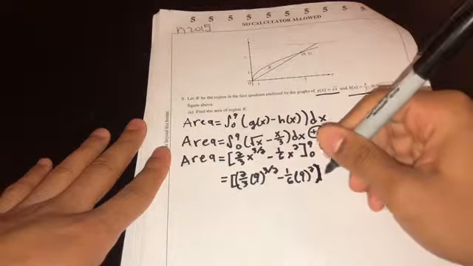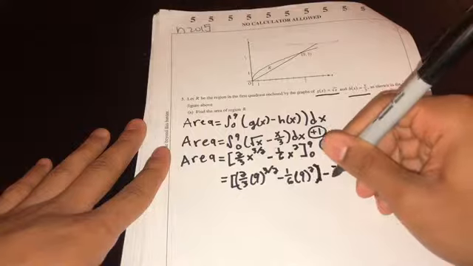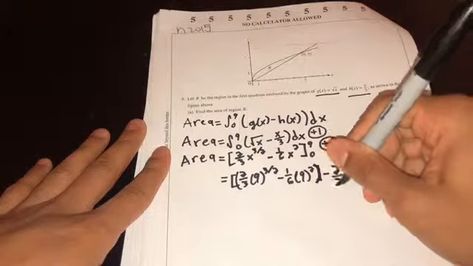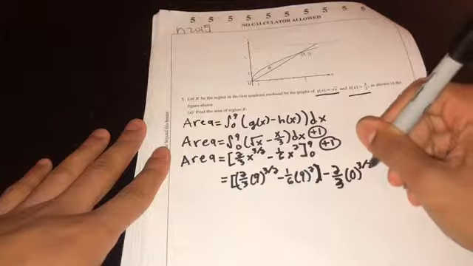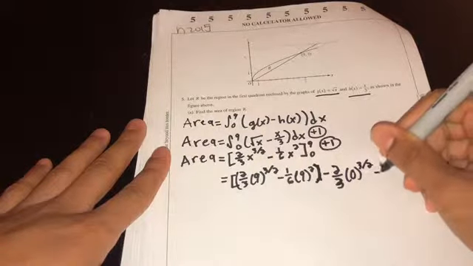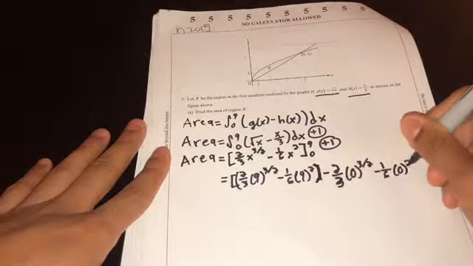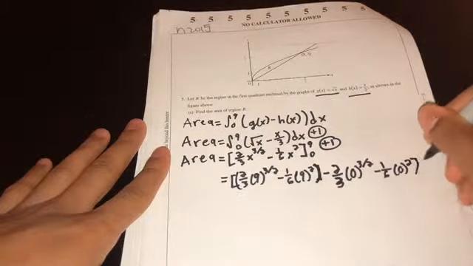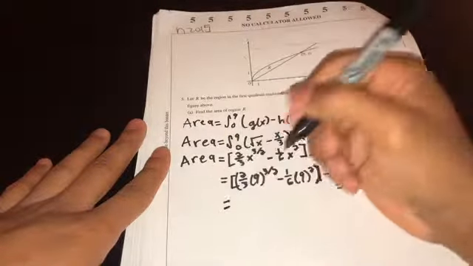Then you're going to go minus, then you're going to plug in 0. And then we're going to simplify that down.